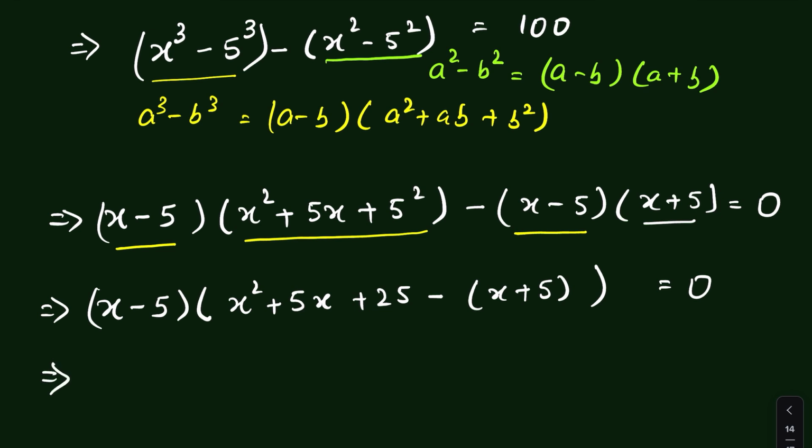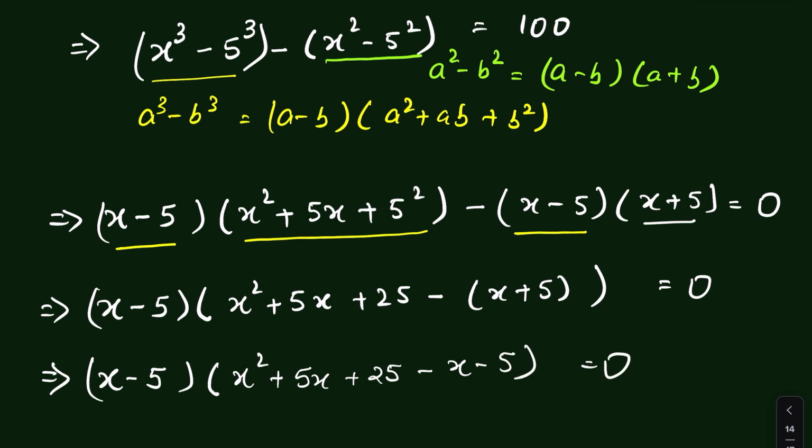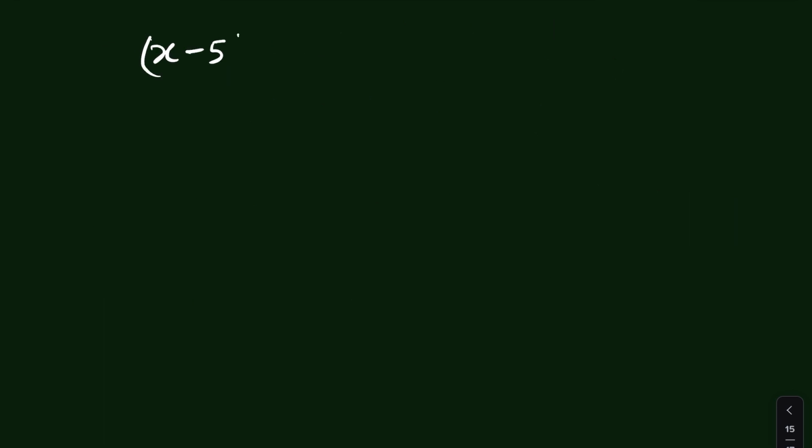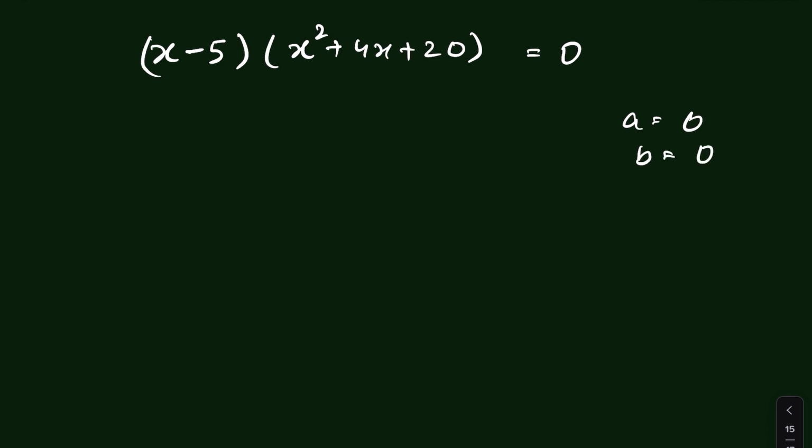Or x minus 5 times x square plus 5x plus 25 minus x minus 5 is equal to 0, or x minus 5 times x square plus 4x plus 20 is equal to 0. Now when a times b is equal to 0, then either a is equal to 0 or b is equal to 0.